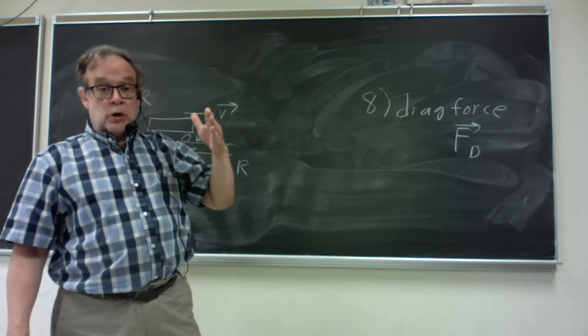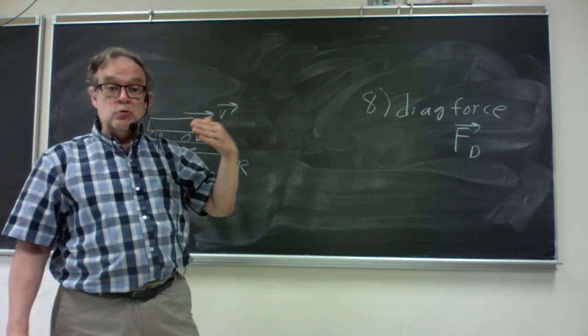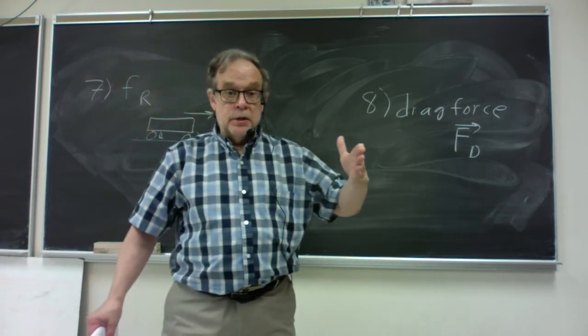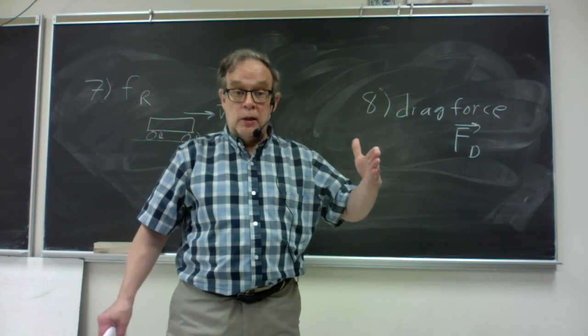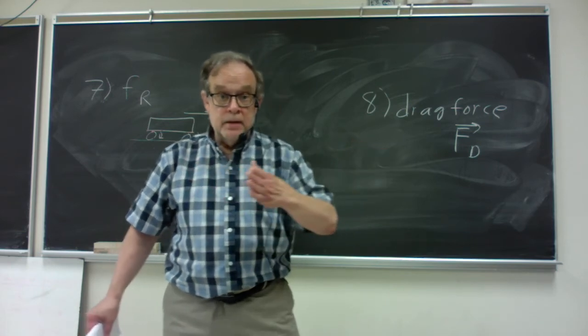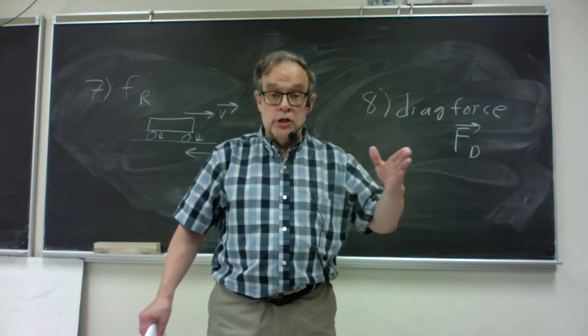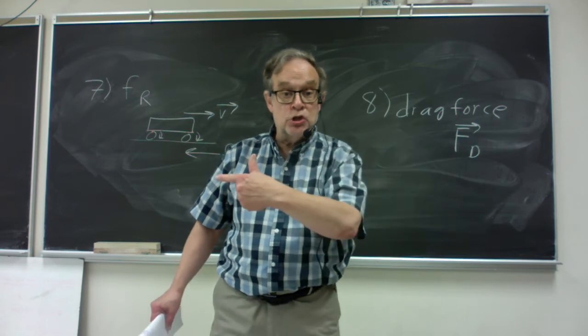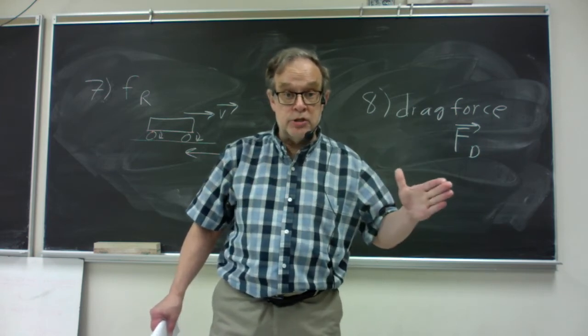What happens whenever something moves through air or water? Moving this way, the moving thing will collide with lots of air molecules or water molecules. Each of those collisions will be a tiny little backwards push on the moving object.